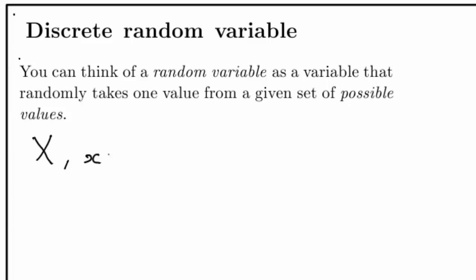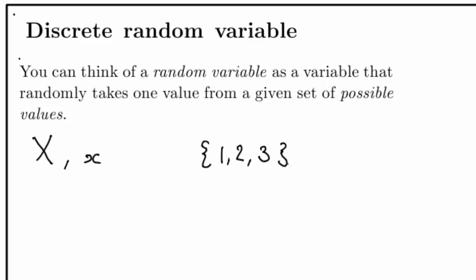So to be able to talk about the random variable, I have to identify the possible values. Let's say that this set of possible values is given by this set containing the numbers 1, 2, and 3. We use standard set notation where we put the elements inside curly brackets.